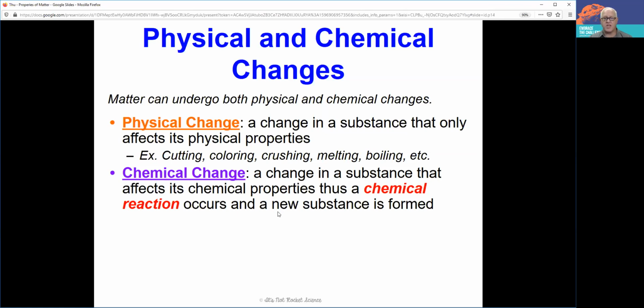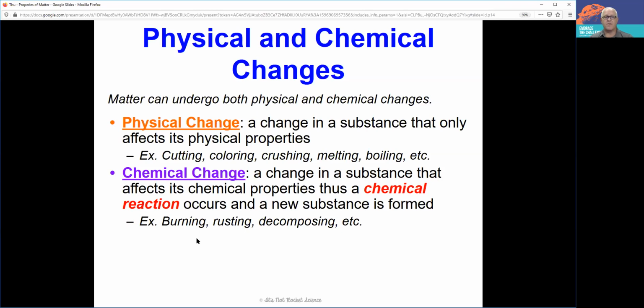Chemical change is a change in a substance that affects the chemical properties, thus a chemical reaction occurs and a new substance is formed. For example, when I burn something, burning is a chemical change because let's say we take a pile of wood and make a campfire.